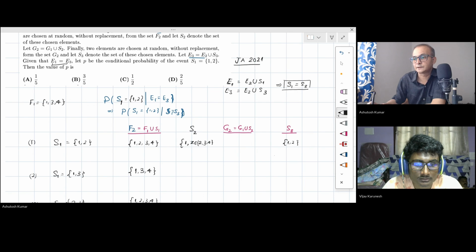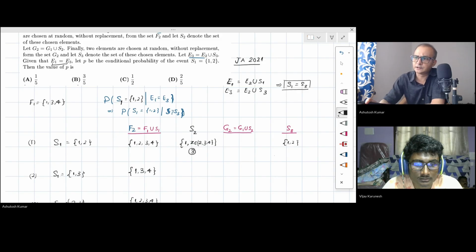So in this way, this is the number of ways to choose this thing to make this happen. 1 you have chosen, and out of 3 choosing 1.